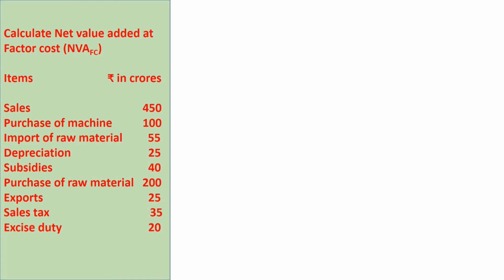First, we will calculate GVA at market price and then convert it into NVA at factor cost. GVA at market price is equal to value of output minus intermediate consumption. Now, value of output is not given directly. So, first we will calculate value of output.